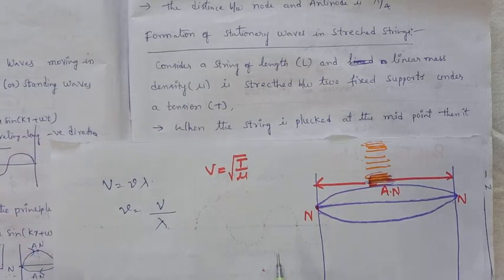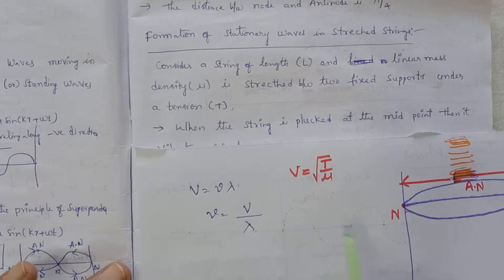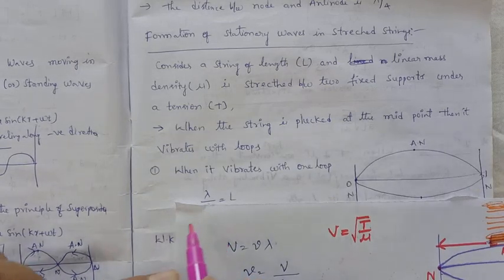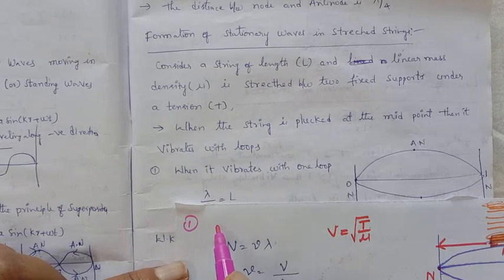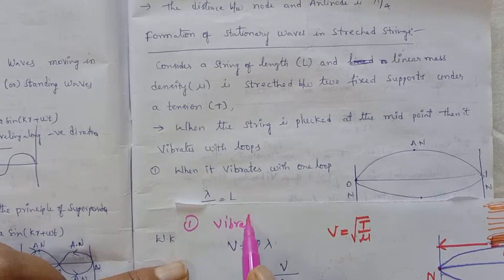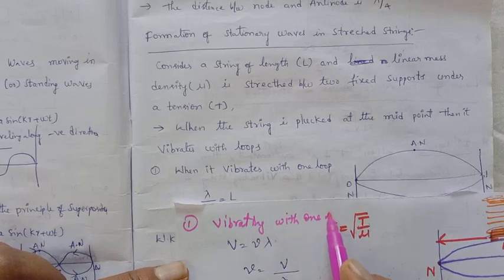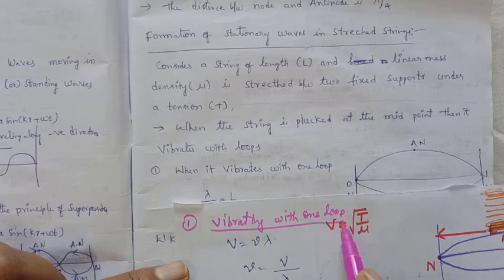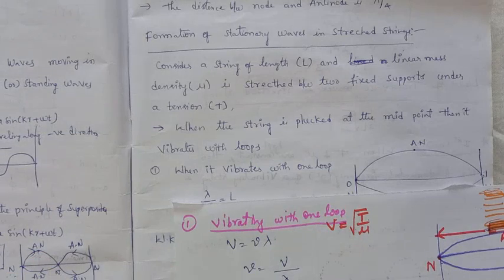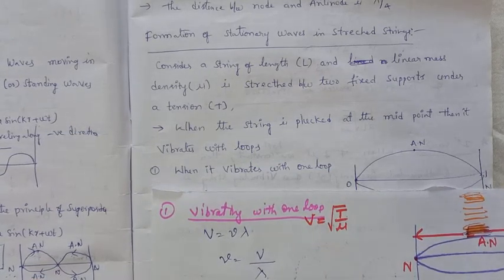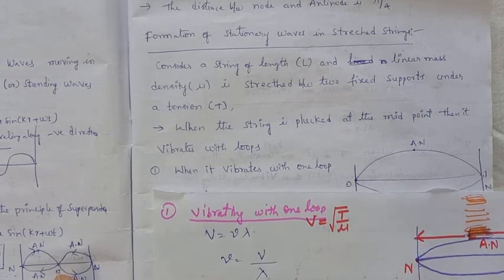L is equal to, when it is vibrating with one loop, from node to node, what is the distance?